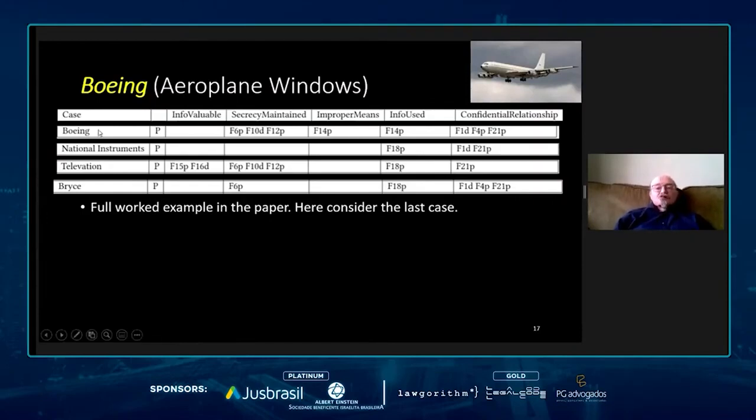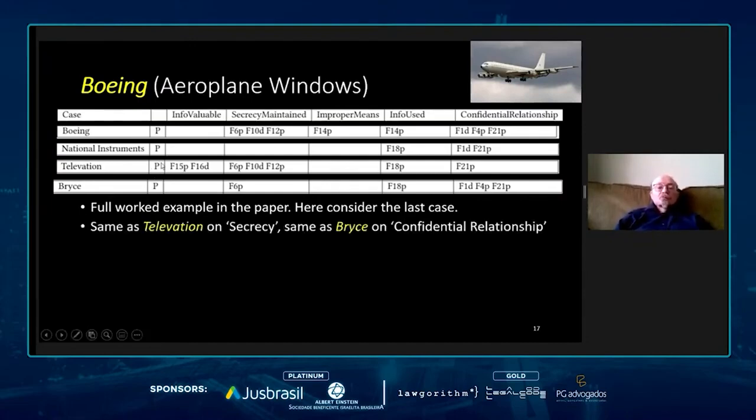The case in question is Boeing, which considers certain manufacture of aircraft windows, cockpit windows. There are a number of relevant precedents: National Instruments, Television, which is about a PBX, and Bryce, which is about software methodology.